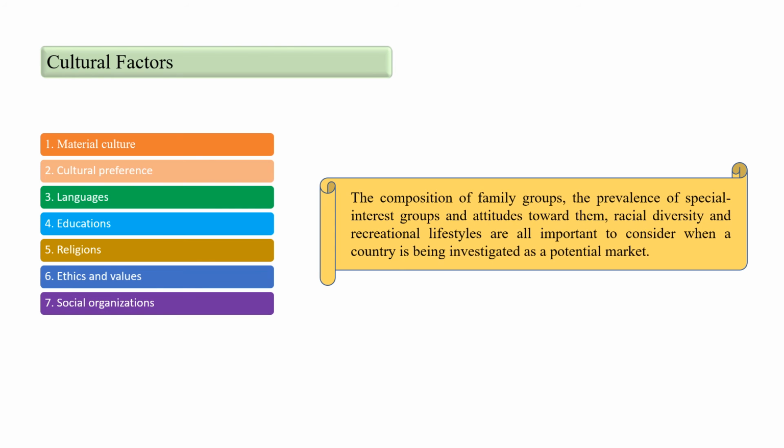And the last, cultural factors, social organizations. The composition of family groups, the prevalence of special interest groups and attitudes toward them, racial diversity, and recreational lifestyles are all important to consider when a country is being investigated as a potential market.